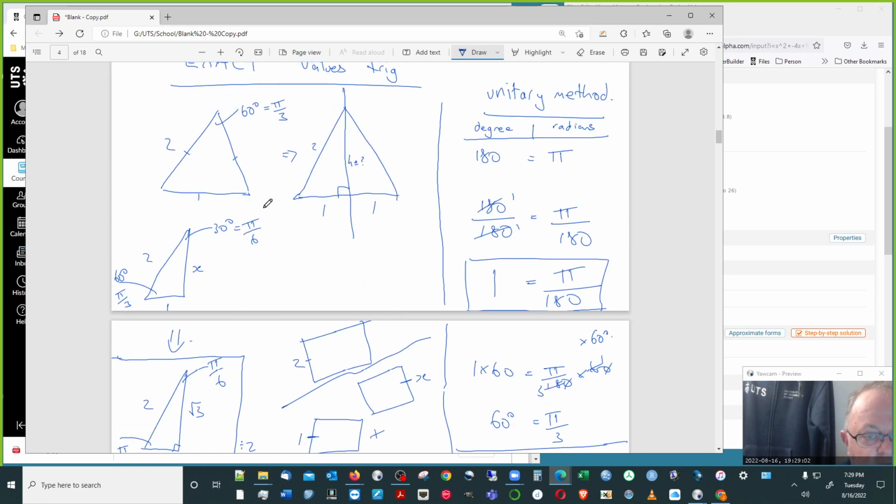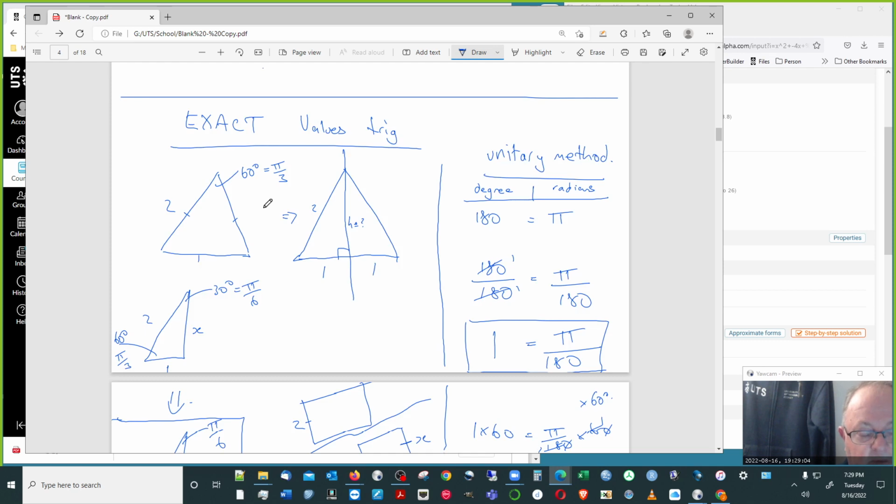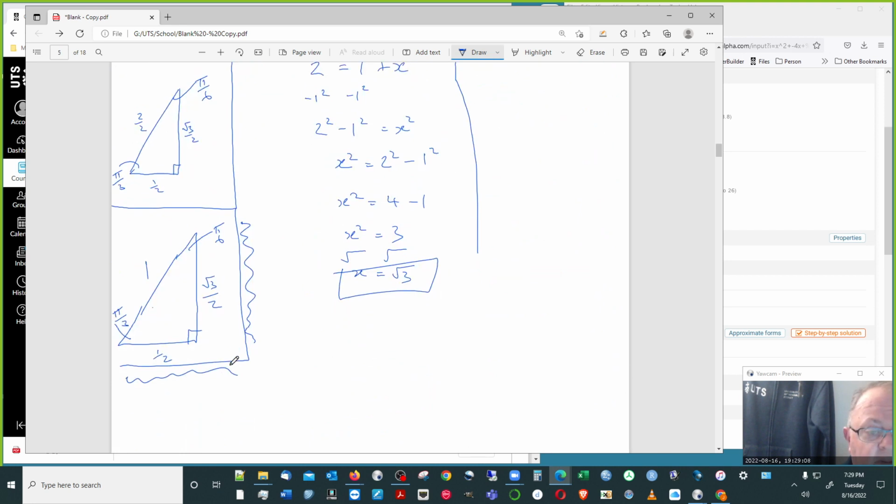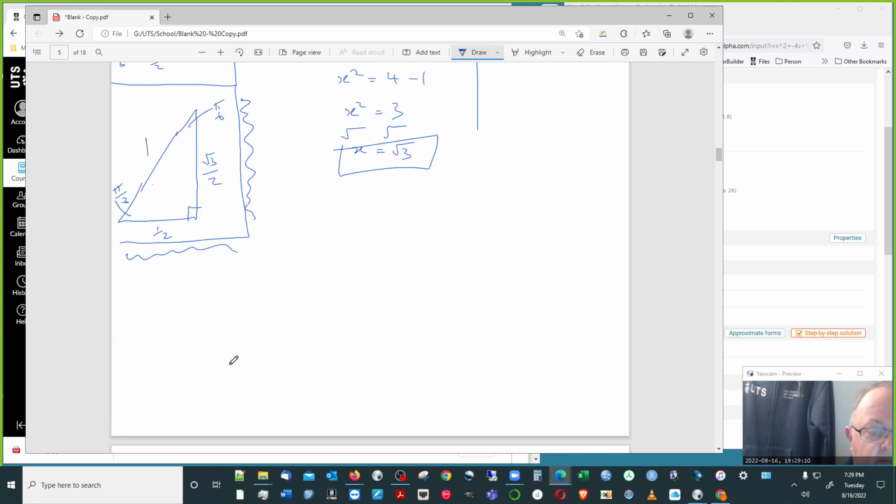Building these things up is a bit like building something up from first principles when you're doing proofs and limits and things, in my opinion. So this is very helpful from a memory aid point of view. The other thing that we want is the 45 degree version. Now the 45 degree version will have the same length on either side.